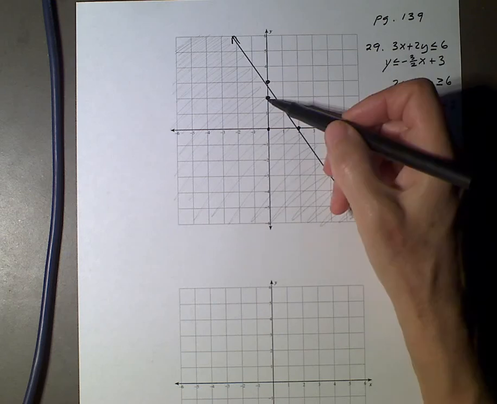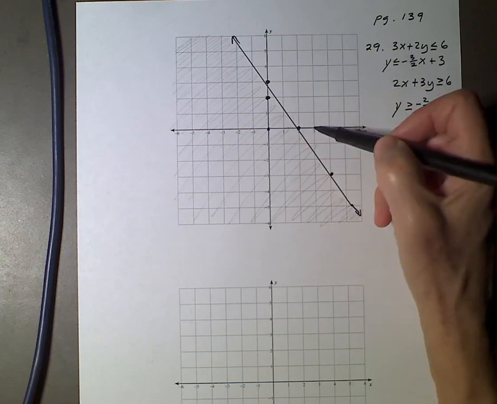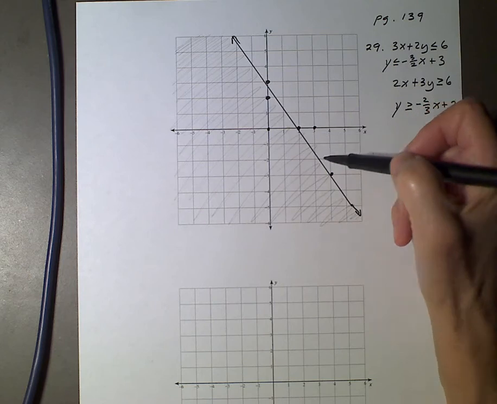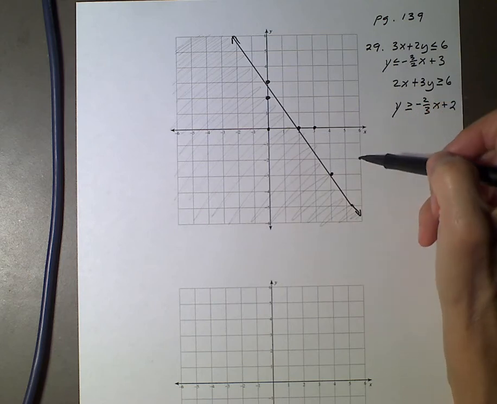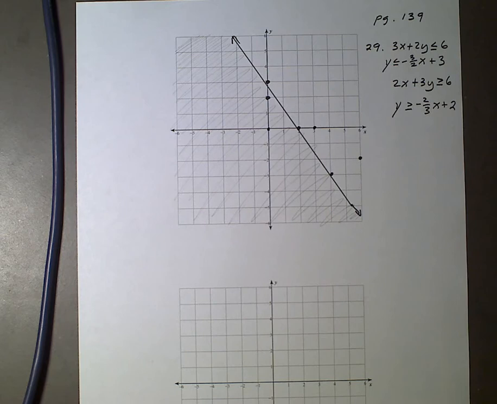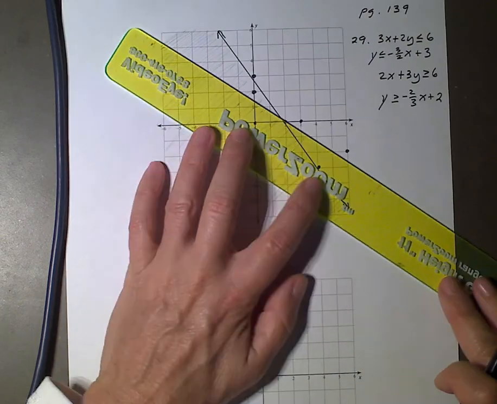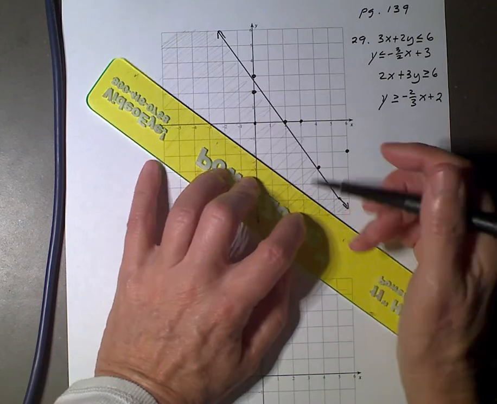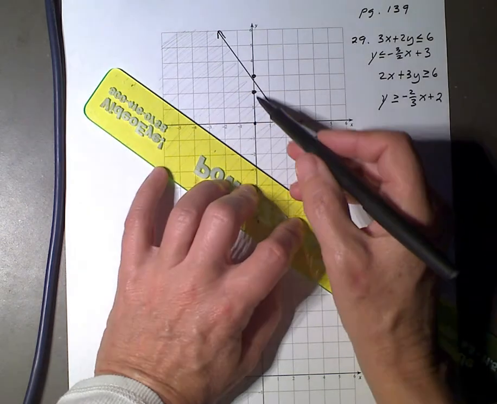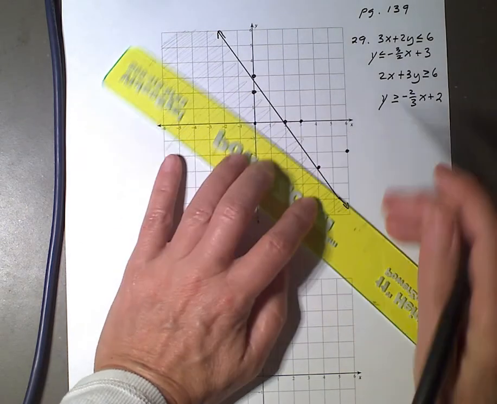So I rise negative 2, run 3, rise negative 2, run 3. And that is also a solid line.